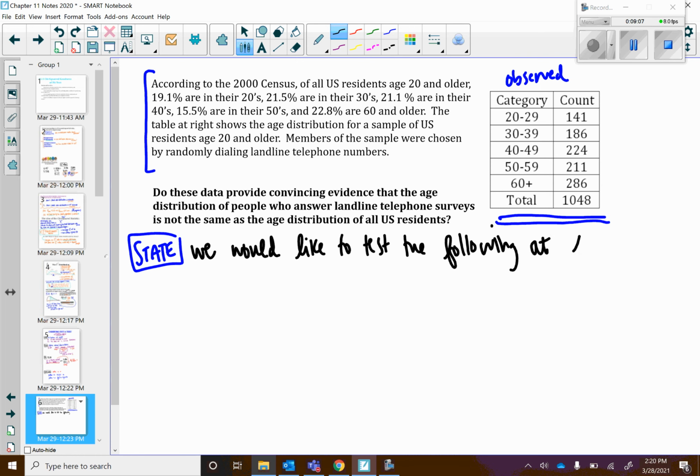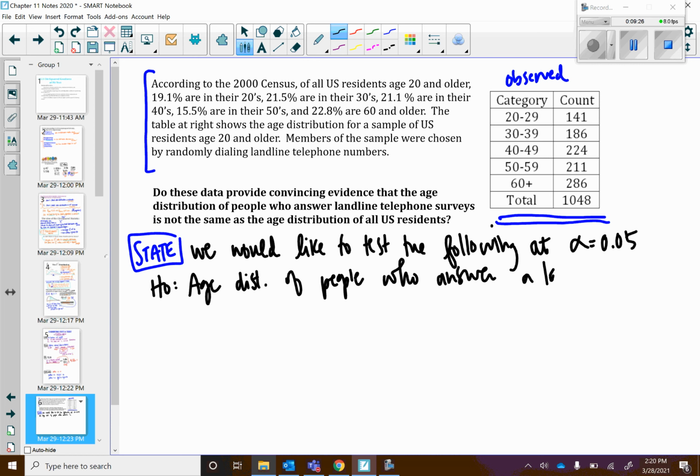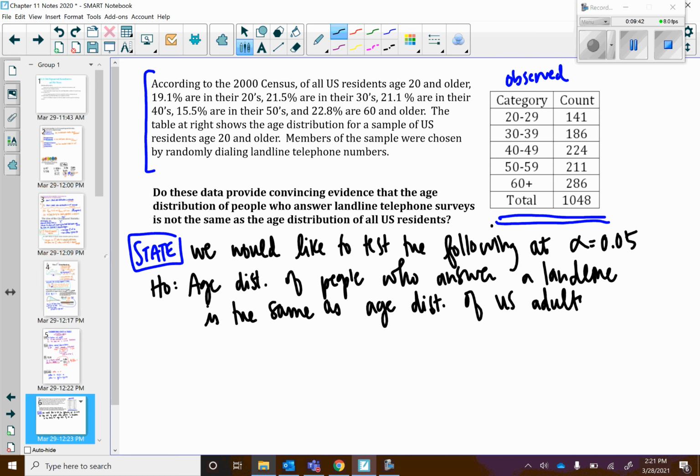At a 5% significance level, our null would be that the age distribution of people who answer a landline is the same as the age distribution of U.S. adults. And our alternate would be that that is not true.